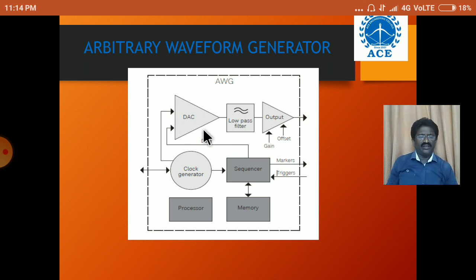The memory controller saves space by looping on repetitive elements so that the elements are listed only once in the waveform memory. So clocking circuitry controls both the DAC and the sequencer.